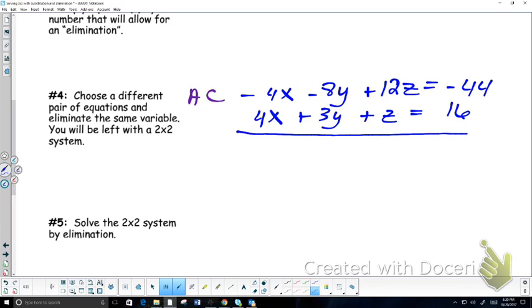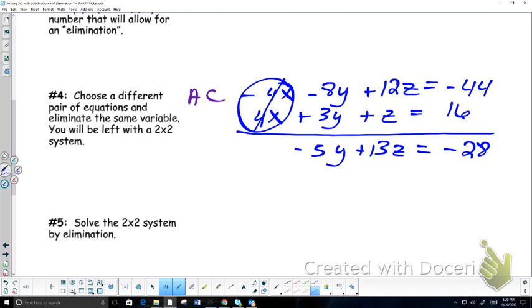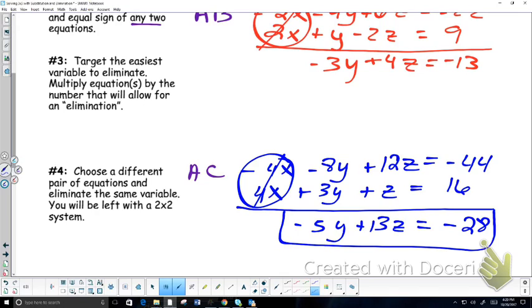So once again, I'm just combining like terms. Given that, you'll notice my x's are going to disappear. I have -5y plus 13z equals -28. So these two are your significant equations that you're going to now work to eliminate the y or the z.